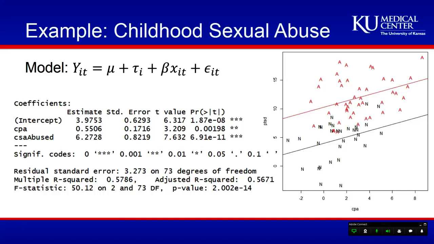So it's the expected difference in PTSD for individuals who are abused versus non-abused. They're 6.3 points higher. You can see the t-values just like we had before in regression. They just basically test whether or not these factors are zero or non-zero. And so this tells me that there is some effect of sexual abuse.